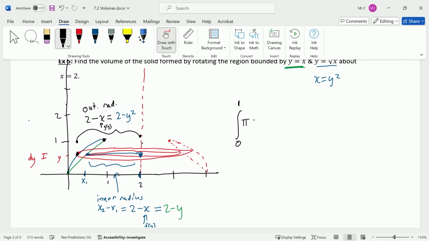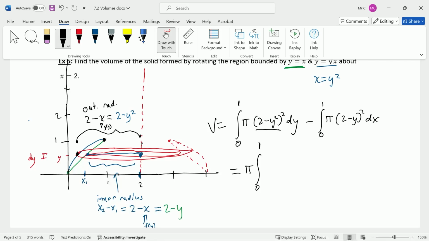Pi times the outer radius squared, that's 2 minus y squared, squared, minus the integral from 0 to 1 of pi times the inner radius squared, that's 2 minus y, squared. And now I'm going to go ahead and combine these into one integral again, and I'm also, at the same time, going to multiply out these squared terms.